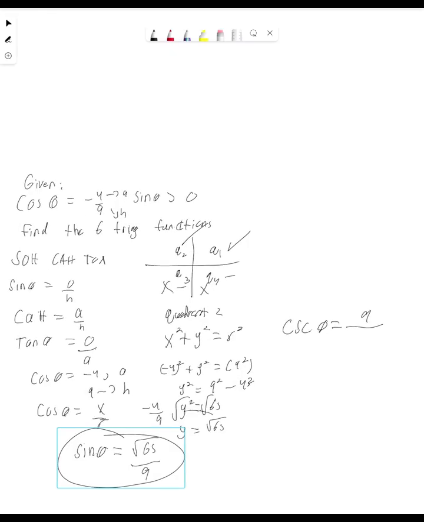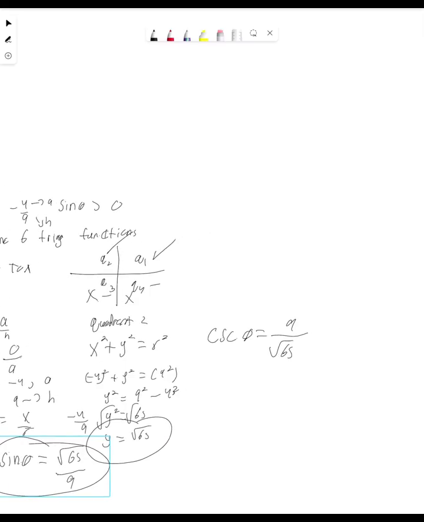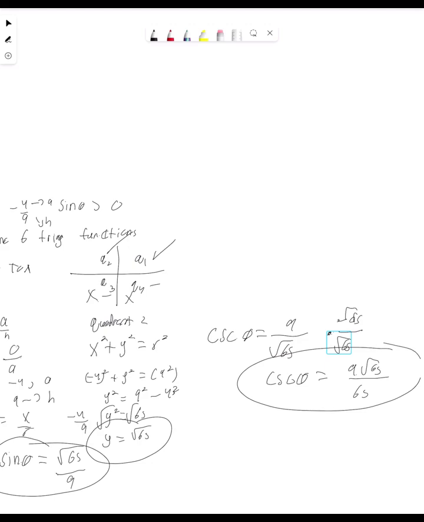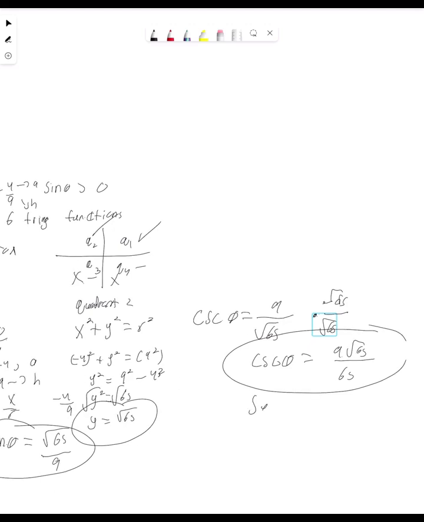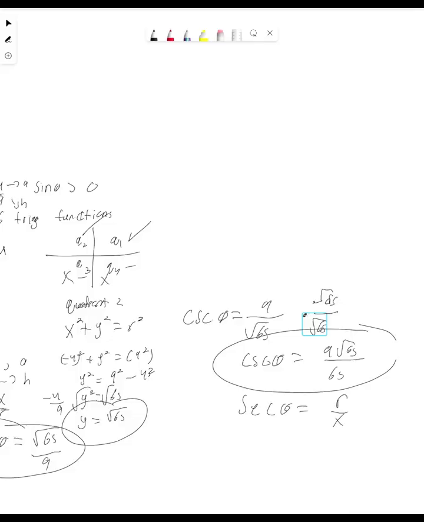So we have 9, where's our y? 9 divided by square root of 65. We have to rationalize. So cosecant of theta equals 9 square root of 65 divided by 65.